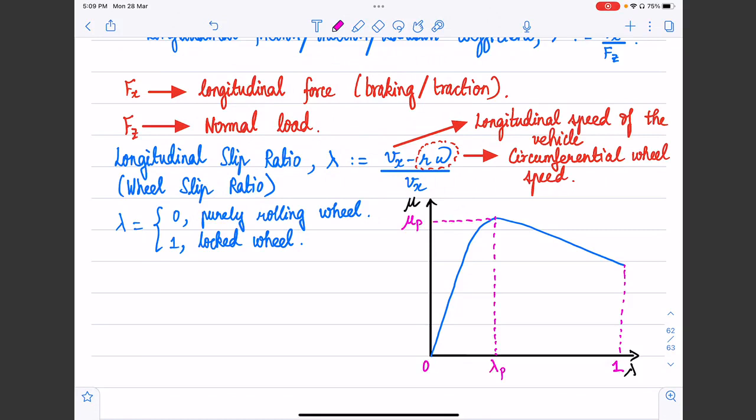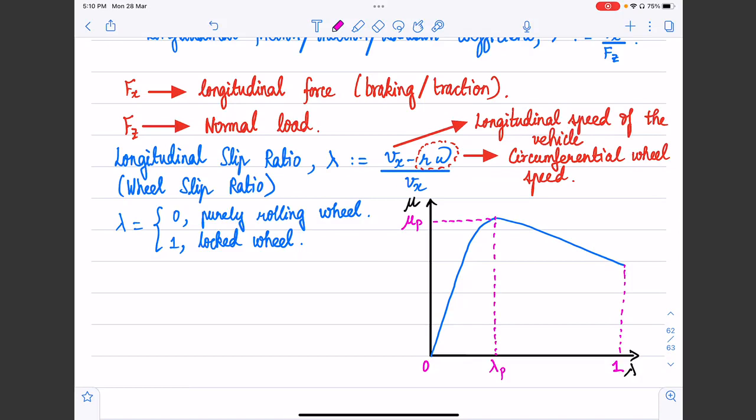The value of lambda at which we get the peak friction coefficient is what most closed loop wheel slip regulation systems will try to regulate the wheel condition around, so that we essentially have the maximum possible braking force, and consequently the maximum possible deceleration and the least possible stopping distance, right?